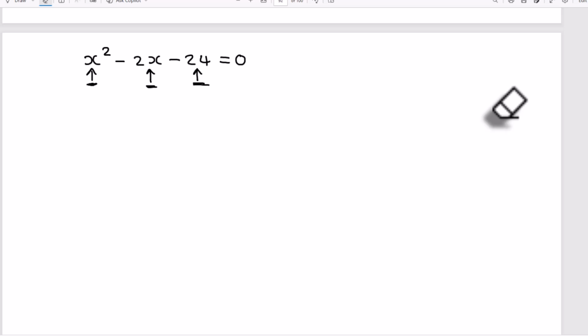The first term will be carrying a square. The middle term will just be a number, maybe multiplying the variable, in this case x, and the last term will be a constant, a number without x. Now, how do we factorize that? Trying to solve for x, of course. How do we factorize this?